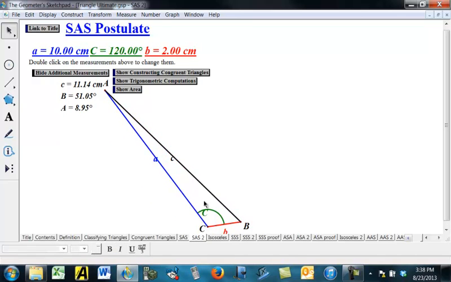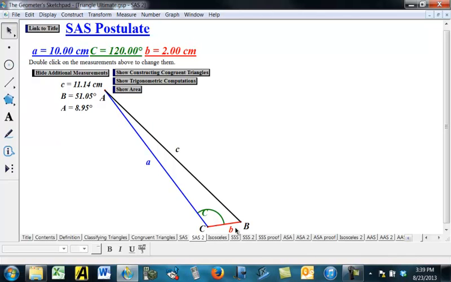So the side C, opposite angle C, is 11.14 centimeters. Angle B is 51.05 degrees. Angle A up here is 8.95 degrees. By the way, notice the standard labeling here that we're going to use often in this course.